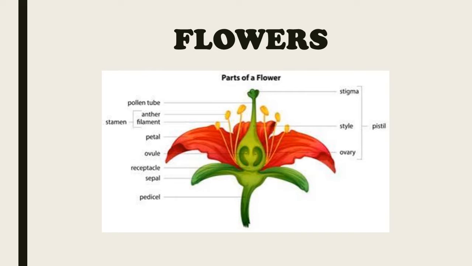Okay, now let's see the vegetative parts of the flower. First one is sepals. Sepals are the green colored leaf-like structures beneath the petals to protect the rising buds.